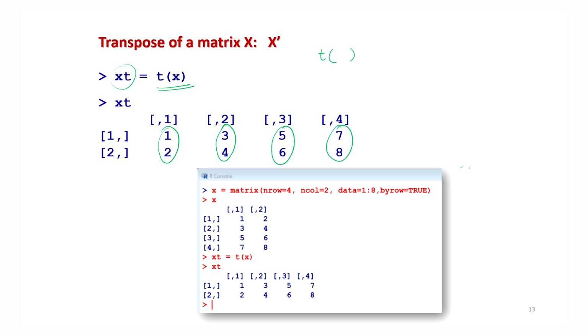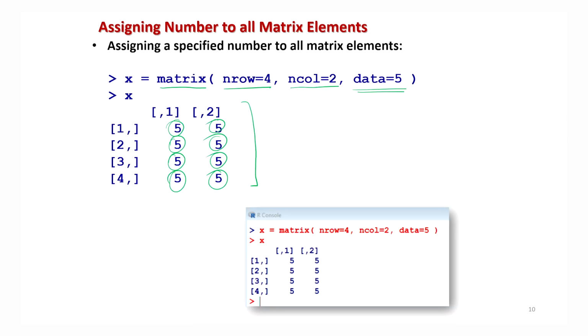And if you compare them in this screenshot, you can see your X matrix was like this, 1, 2 were the first row, but now 1, 2 are becoming the first column. The second row is becoming the second column, the third row is becoming the third column, the fourth row is becoming the fourth column, right.